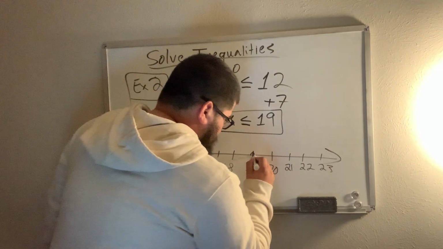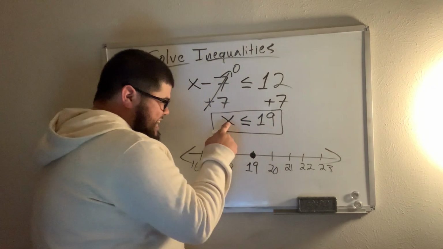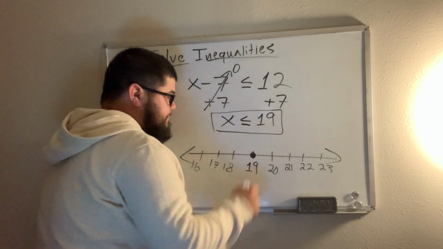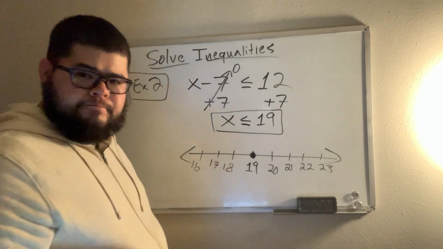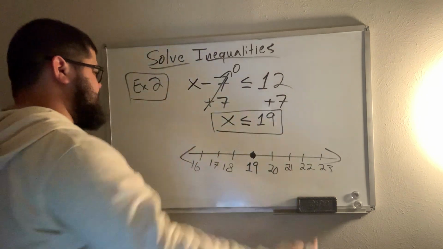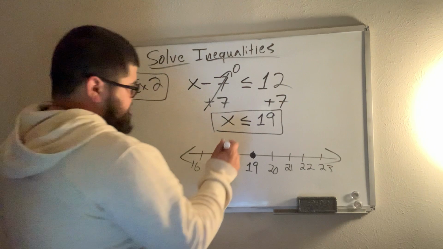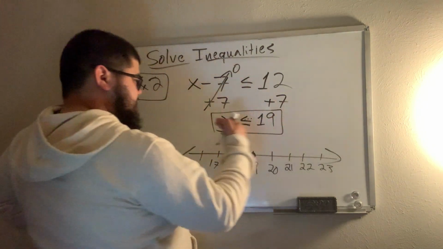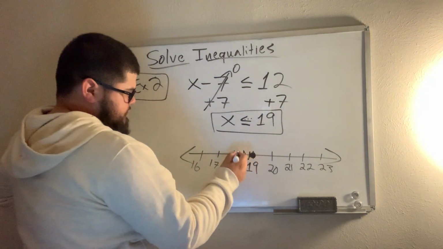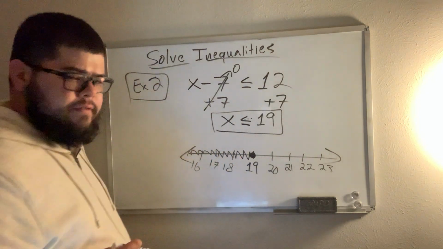It's a closed circle on the number 19, because if we substitute 19 here, is 19 less than or equal to 19? Yeah, it's equal to 19, so we can include it. Now, which way is it pointing? The arrow is pointing to the left, so that means we're going to shade left.